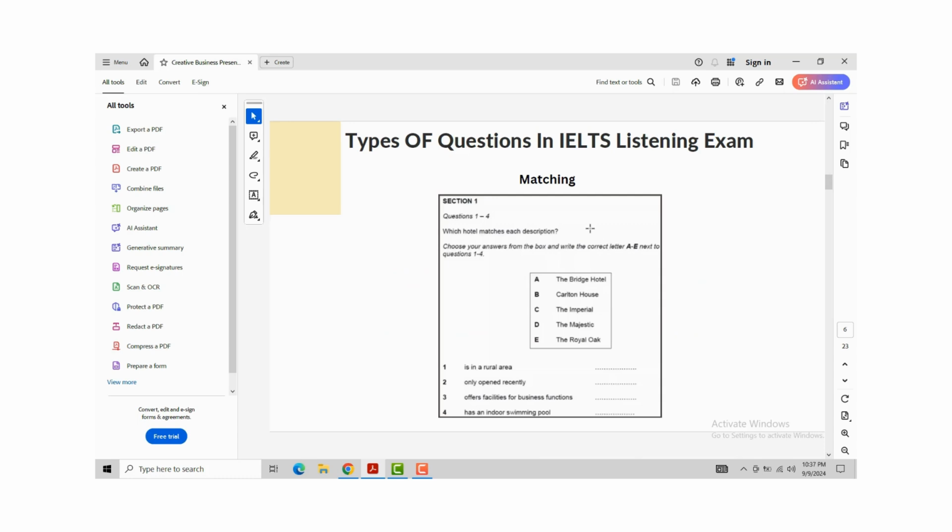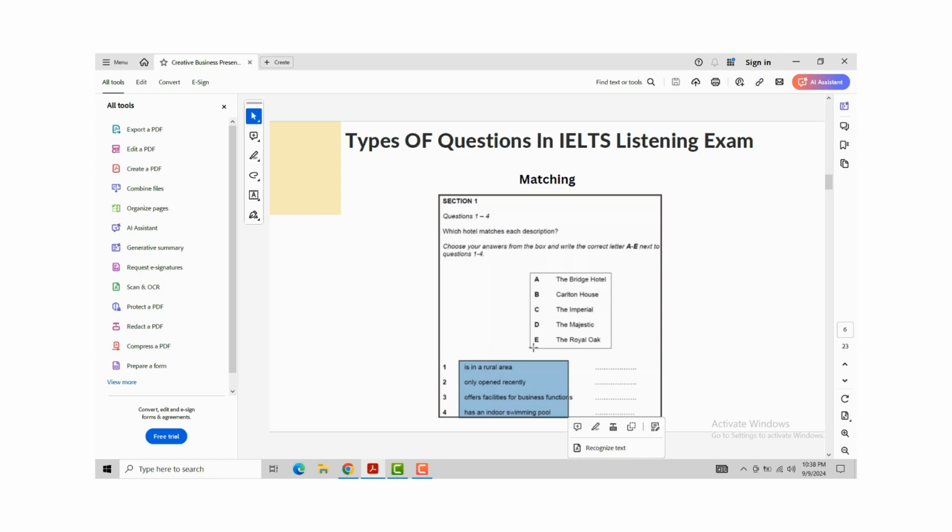This is an example of a matching question. Questions 1 to 4: what hotel matches each description? You have to match these hotels with the descriptions given at the bottom. The Bridge Hotel, you have to match with one of these 4 descriptions. Carlton Hotel, similarly you have to match it with one of these descriptions.